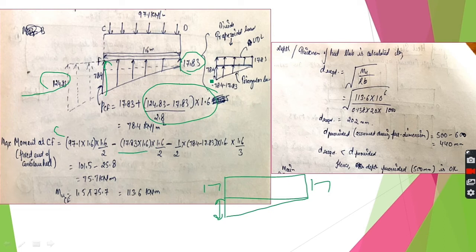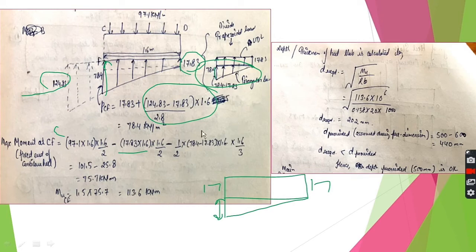This is the rectangular load 17.83 kilonewton per meter acting on length 1.6 meter, and its lever arm will be 1.6 by 2, and second is the triangular load of value half into base, that is 1.6, the height which is 78.4 minus 17.83.